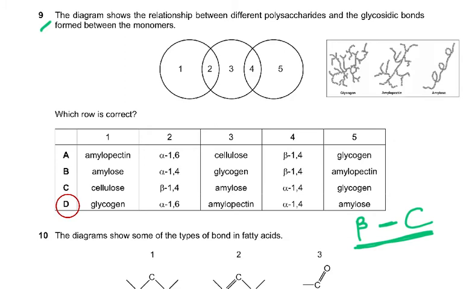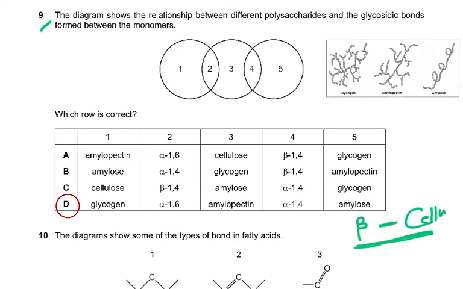So beta glucose is always cellulose. So here we've got cellulose, we've got beta, but then of course you see 1,3. So you have to see 1,3 and 2 was common. So you have to be very careful when you have to know this, if you know the whole of the biology and the chemistry behind it. So 1, 2, 3, 4. So the answer was D.